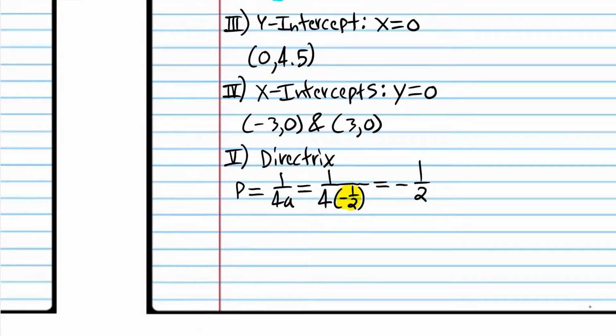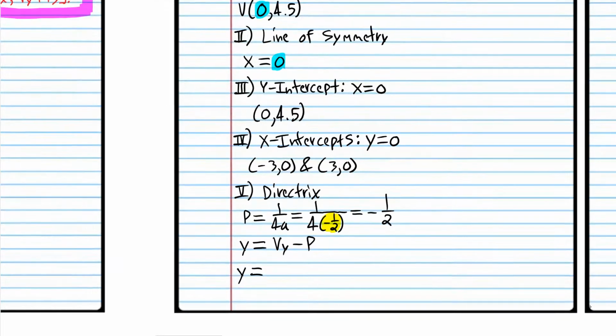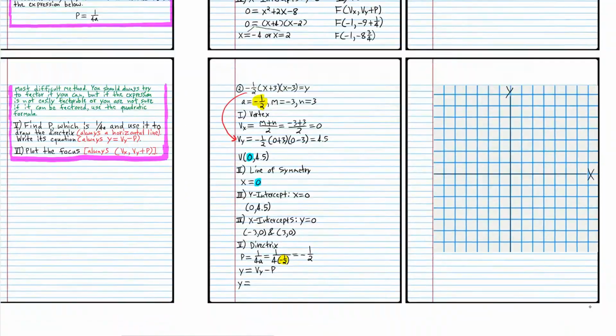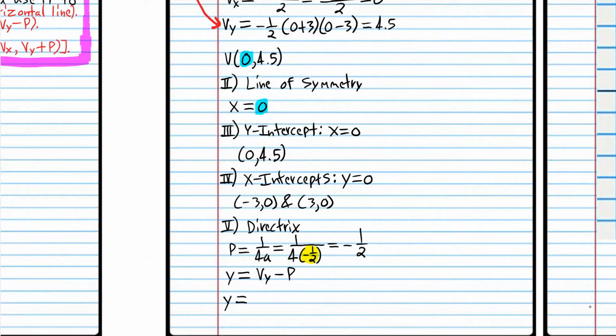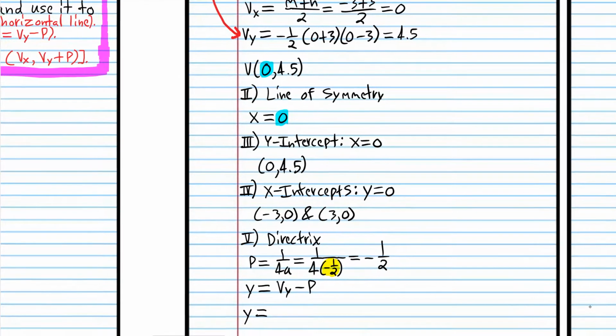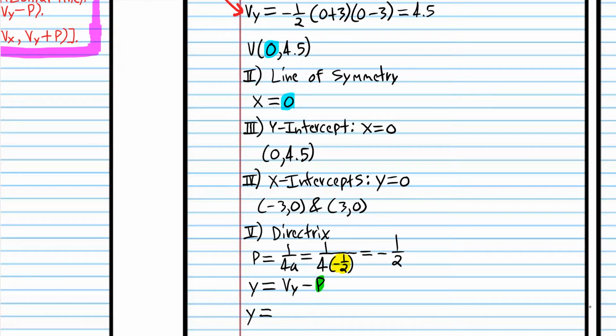So we know p is -1/2, and the equation of the directrix is y is equal to the y value of the vertex minus p. So the y value of the vertex, what did we color that last time? We colored it blue. Well, I guess we can't color blue this time, but whatever. So I'm going to make it green.